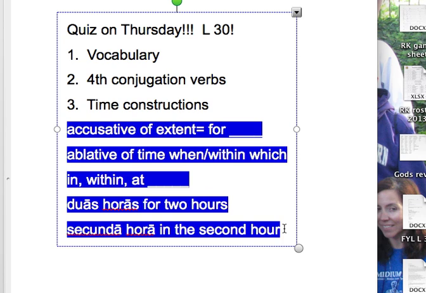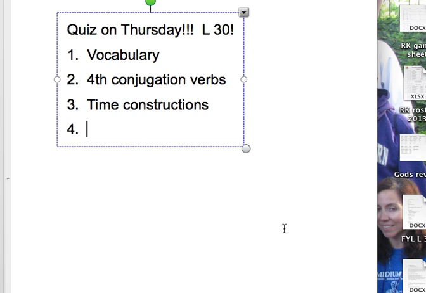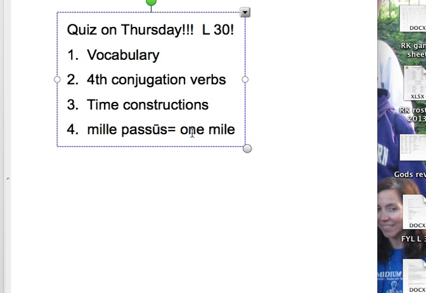And section 4. Be prepared to handle these accusatives of extent of space. Okay, these are really easy. Just remember this: mille passus. There's a second S in there. Mille passus means 1,000 paces, which is really equal to 1 mile.